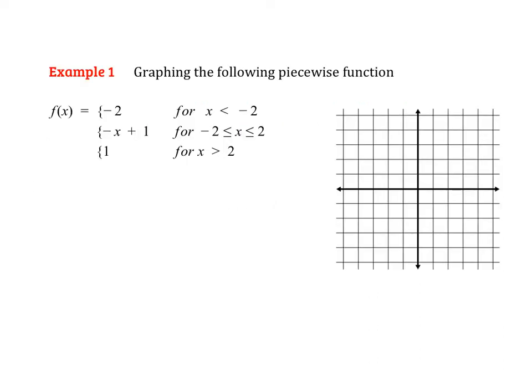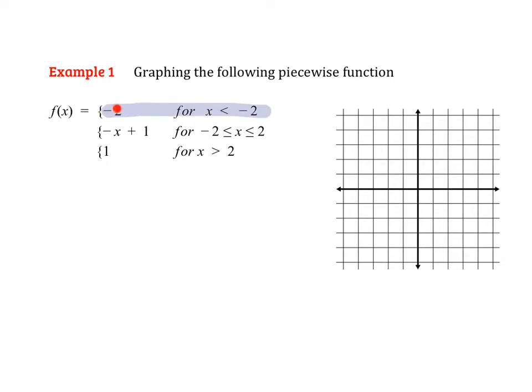Okay, so let's try this one together. For those transition points that I was talking about, you can see in this example, there will be a transition at -2 and a transition at +2. So here we have 3 different intervals. Let's start with this first one. This is a constant function.